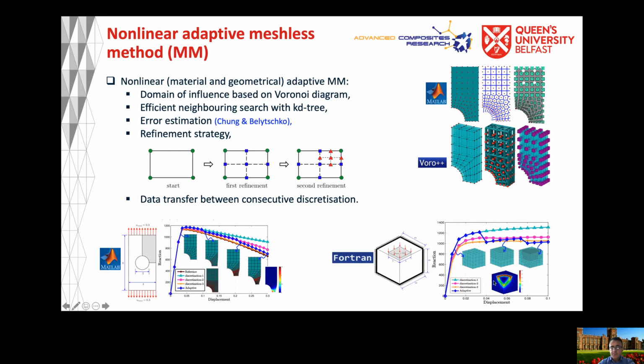Similarly, we can solve other examples. For example, here we have a soil block with some rigid footing on top of it. If you apply load on the footing, you will see the shear bands which will be developing here. This means that the soil block will fail along these shear bands. And again, this can be simulated with our code.